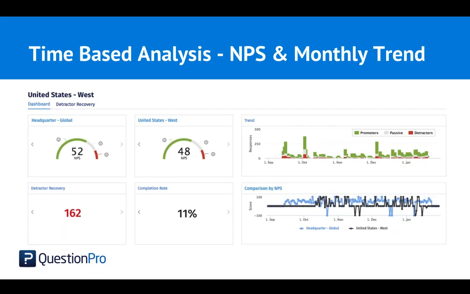What they did very smartly was they ran an NPS survey before the initiative was launched in the West region in the US, and they collected feedback. They did the renovations at the store in the West, and they ran another NPS, and they found obviously a big difference in terms of whether their customers would refer this to their colleagues or friends.